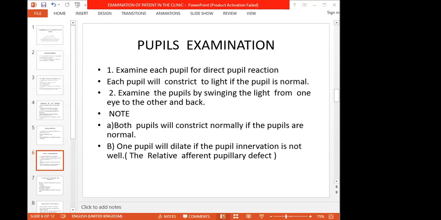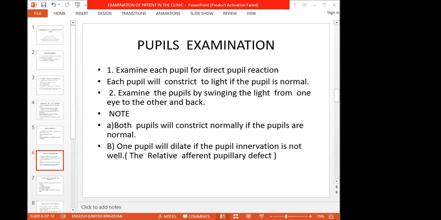But let me warn you, before you say this is an absolute afferent pupillary defect, make sure you have seen that the pupil is not stuck on the lens. The failure to constrict is not due to the iris sticking on the lens.